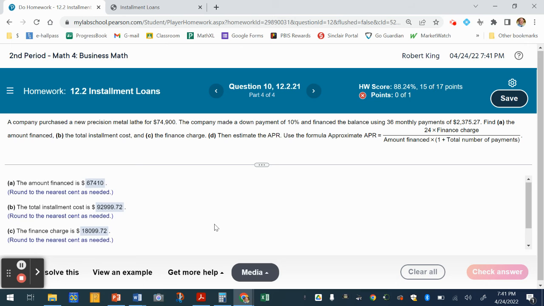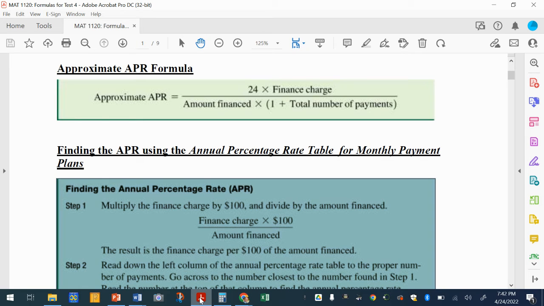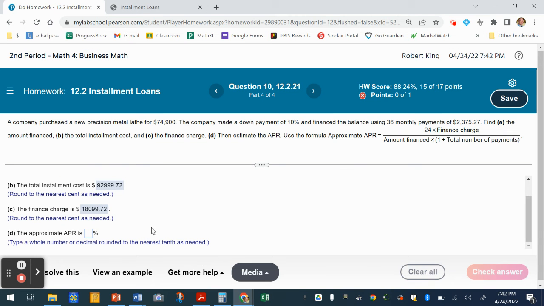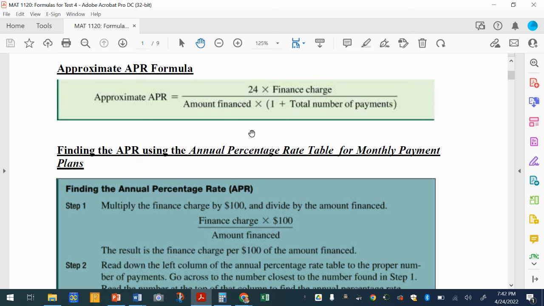So in this case, 24 times the finance charge, we've got the finance charge in one of our answers, this $18,099.72. I think that's in my calculator, times 24. And then we're going to divide that. And then I'm going to use parentheses, remember the formula, amount financed times 1 plus the number of payments.